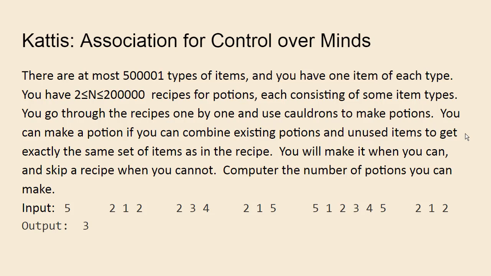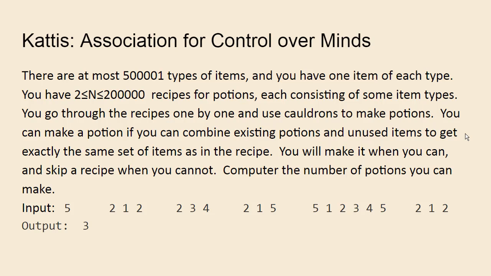Sometimes you cannot make a potion because the items in the recipe may already be combined with items outside the recipe to make other potions. In that case, you cannot separate a potion into its ingredients. Once you mix them together, it's already mixed. You can keep mixing them, but you cannot separate them.